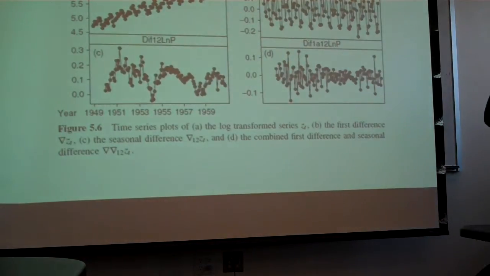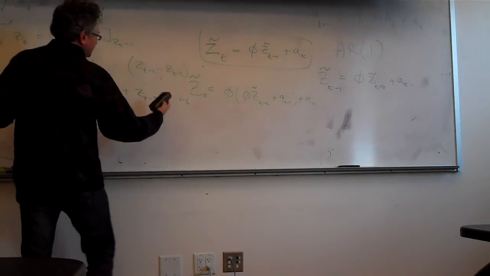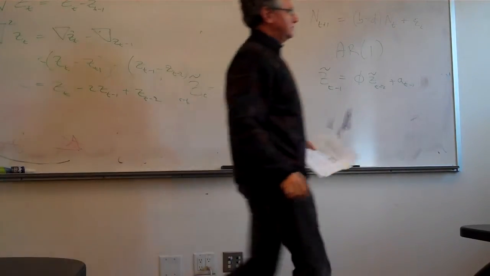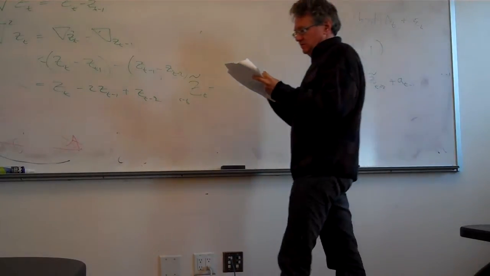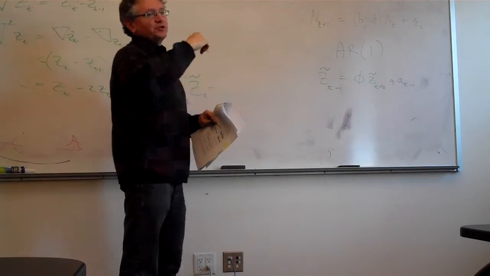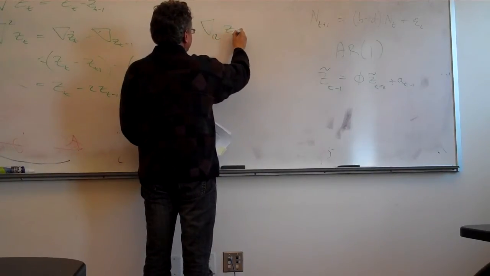So the notation for the annual differencing, or the 12-month differencing, is del 12 of dt.